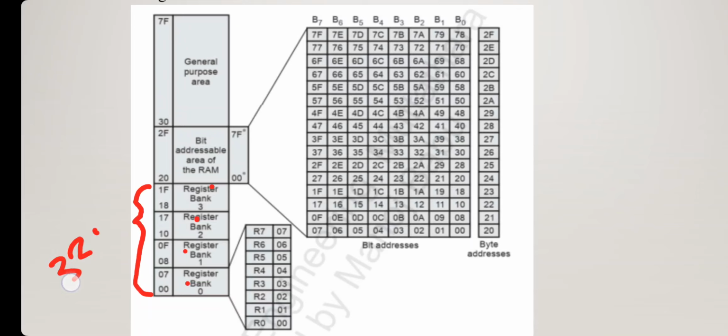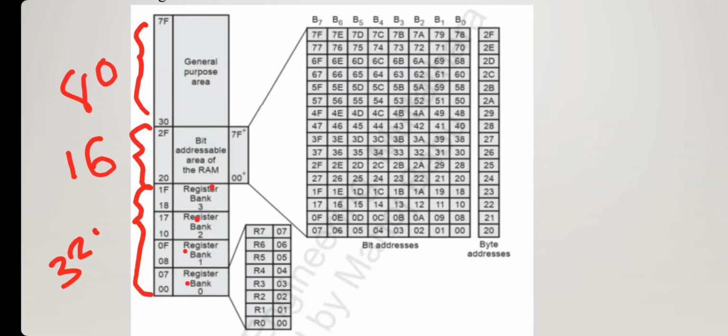Then 20 to 2F is the bit addressable area, which is 16 bytes. The remaining 80 bytes are used for the general purpose area or scratch pad area. In total, we have 128 bytes.